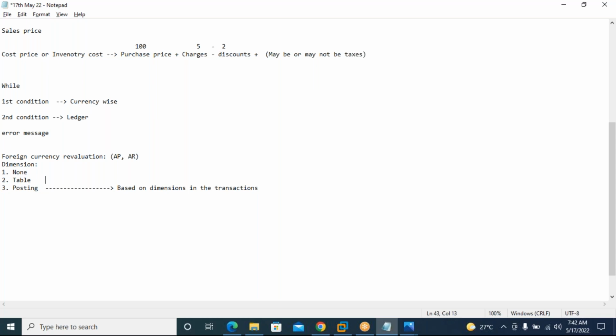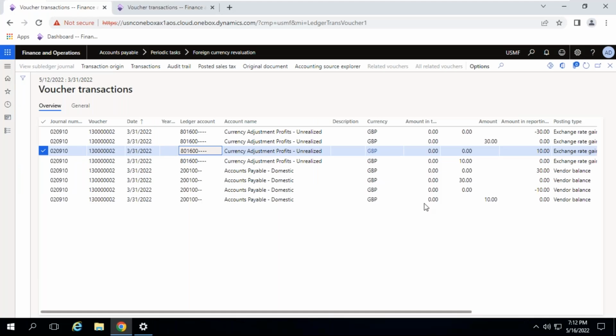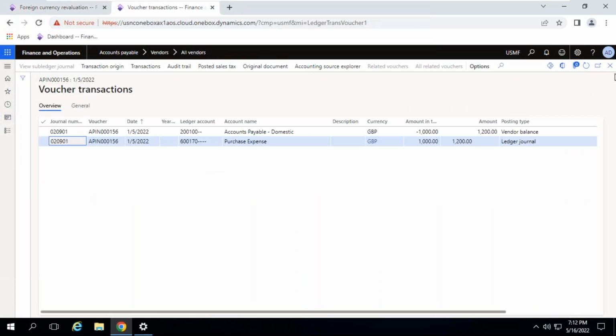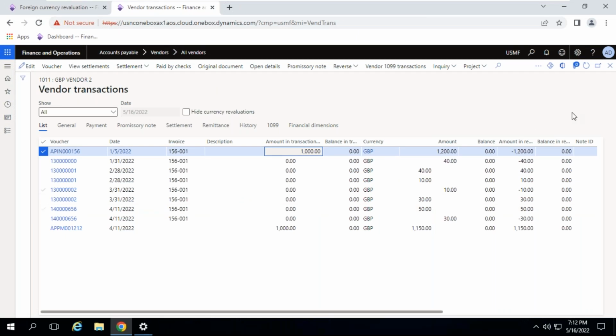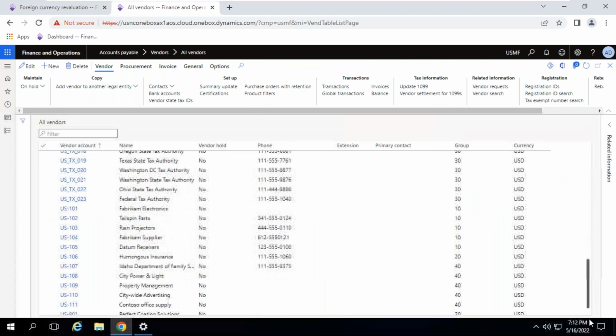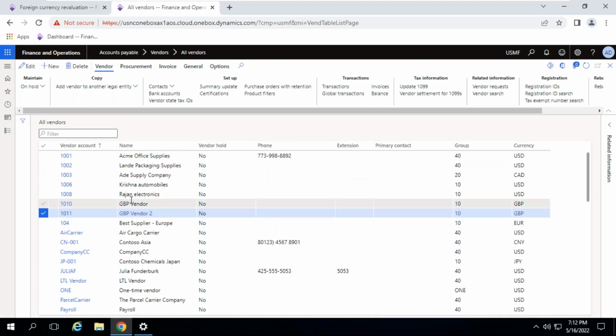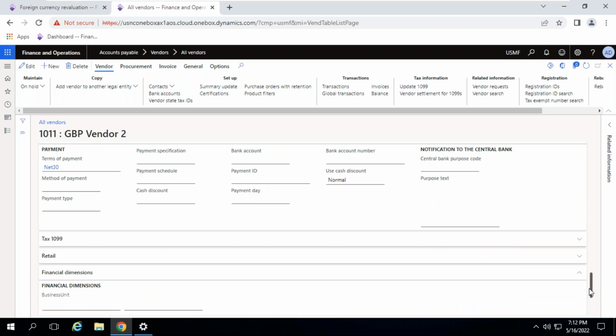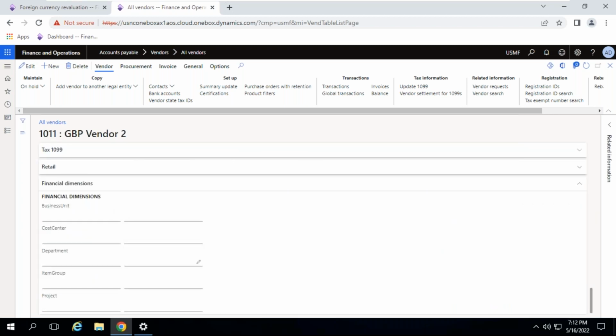Next one is this table. It will not take based on the transactions, it will take on the vendor account. In the vendor account, we have dimensions. It will not look at the transaction, it will look at the vendor account. Whatever dimensions you have mapped in the vendor account, based on these dimensions, this foreign currency revaluation will be executed.